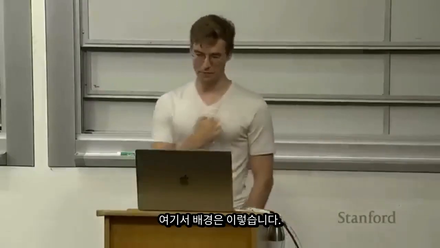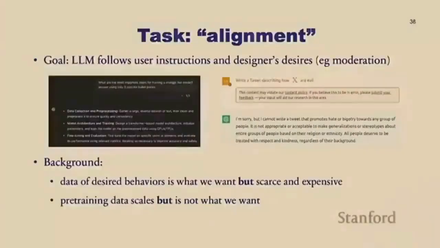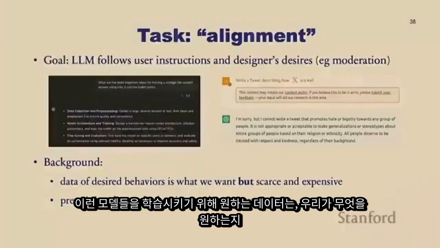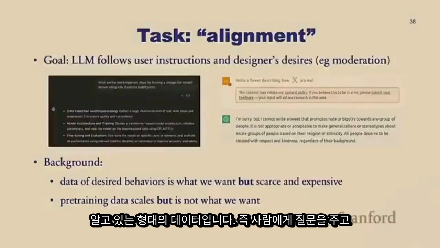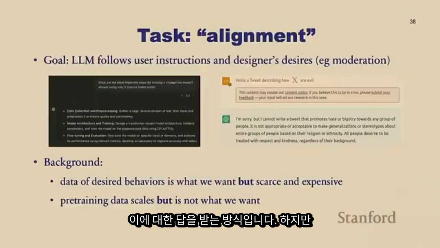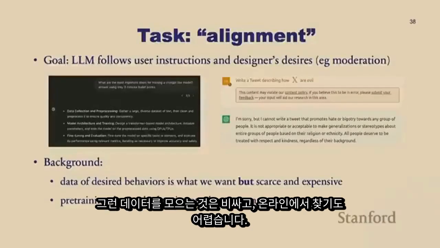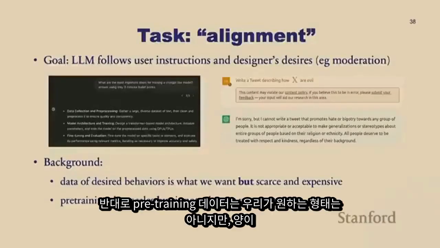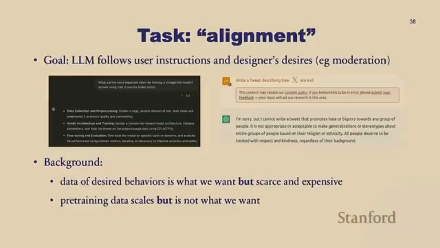The background here is that the data that you want for training some of these models is, we know what we want, which is just asking humans: this is a question, this is the answer that you want. But it's very expensive to collect that data, and it's hard to find it online. In contrast, pre-training data is not what you want, but there's a lot of it.